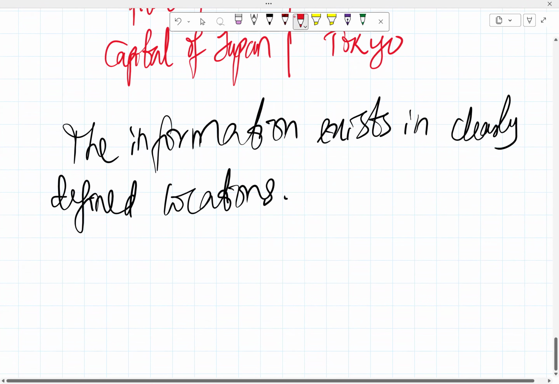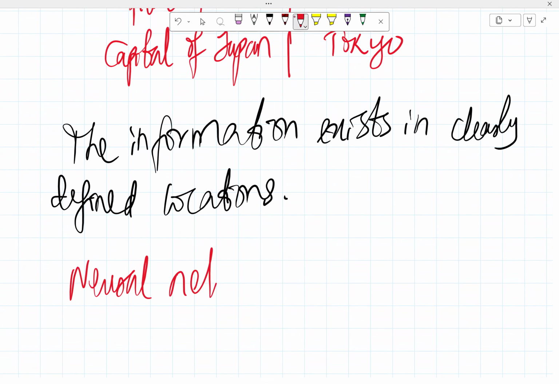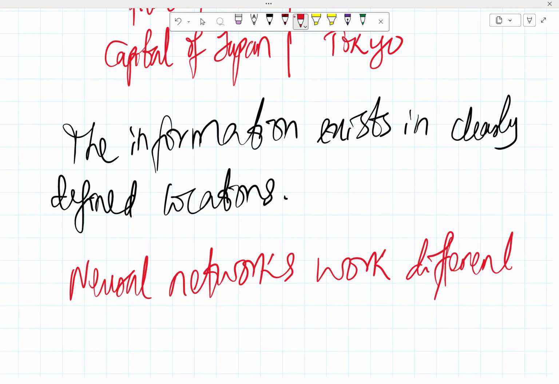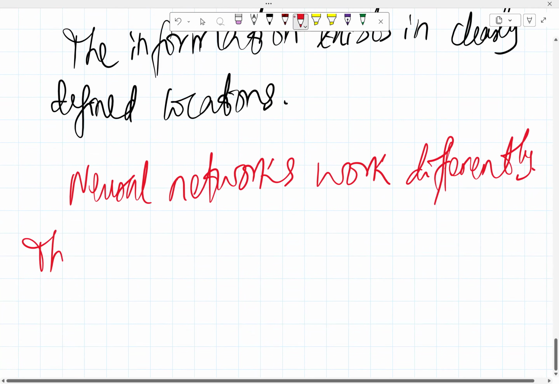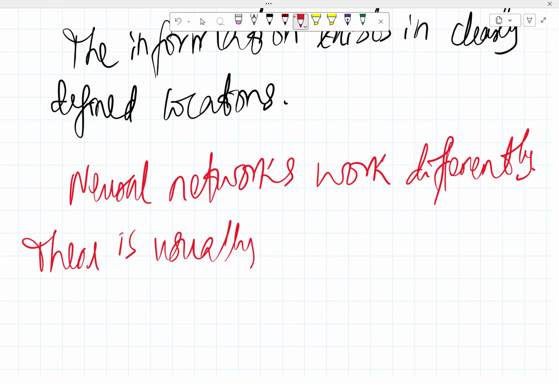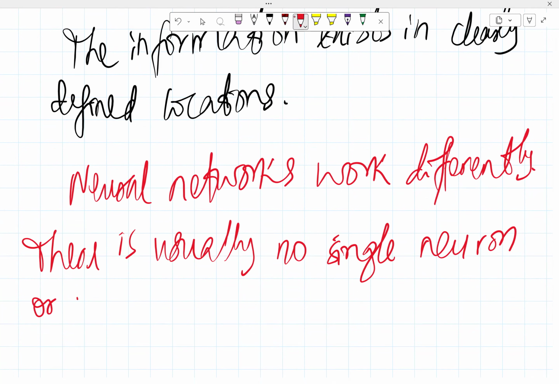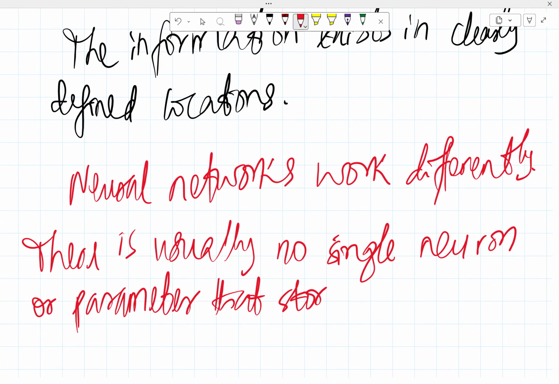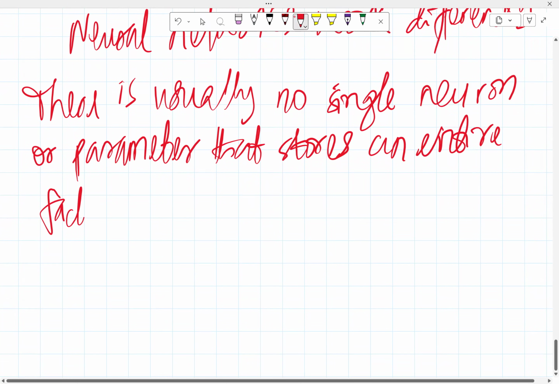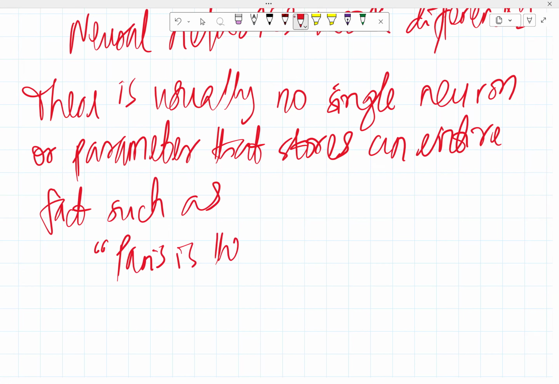But neural networks work differently. There is usually no single neuron or parameter that stores an entire fact, such as Paris is the capital of France.